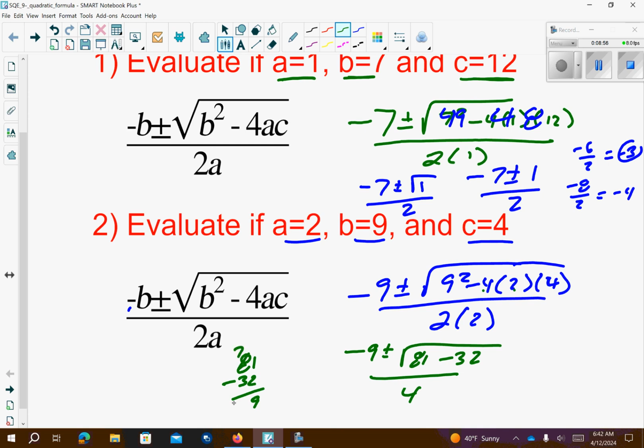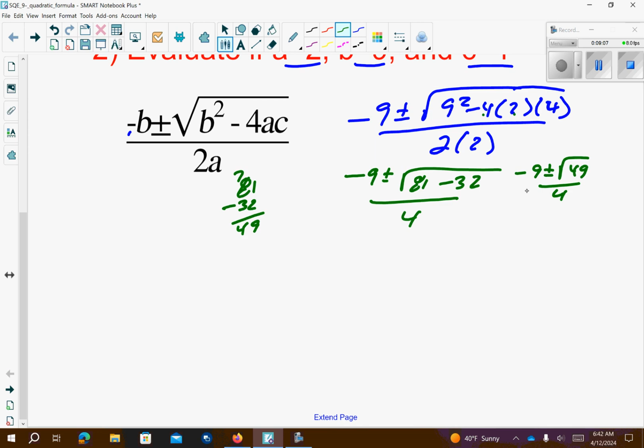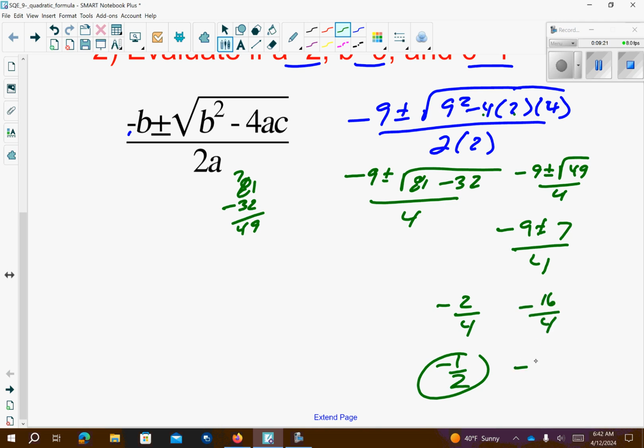Not on a Friday morning. Oh, that's 49. Okay, so negative 9 plus or minus square root 49 over 4. Square root of 49 is 7. Negative 9 plus 7 is negative 2. Negative 2 over 4 reduces to negative 1/2. There's one answer. Negative 9 minus 7 is negative 16 over 4. That's going to give me an answer of negative 4.